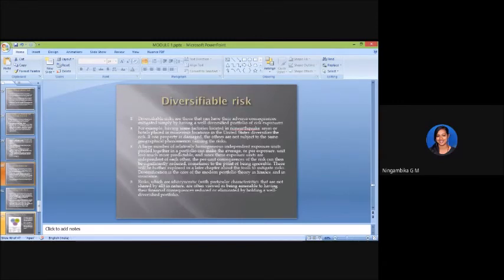Coming to diversifiable risks, these can have their adverse consequences mitigated simply by having a well-diversified portfolio of risk exposure. So if they have a portfolio, they can diversify it. The best example quoted here is having factories located in non-earthquake areas, or hotels placed in numerous locations in the United States, which diversifies the risk. If one property is damaged, the others are not subject to the same geographical phenomenon.